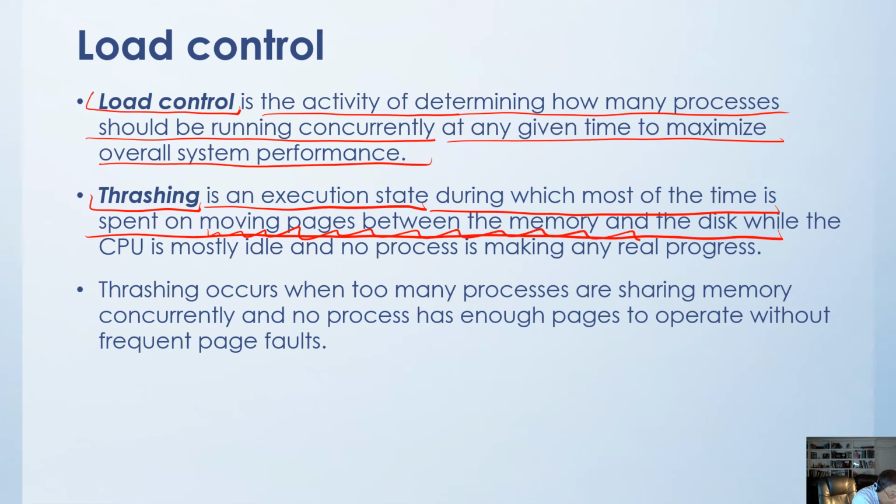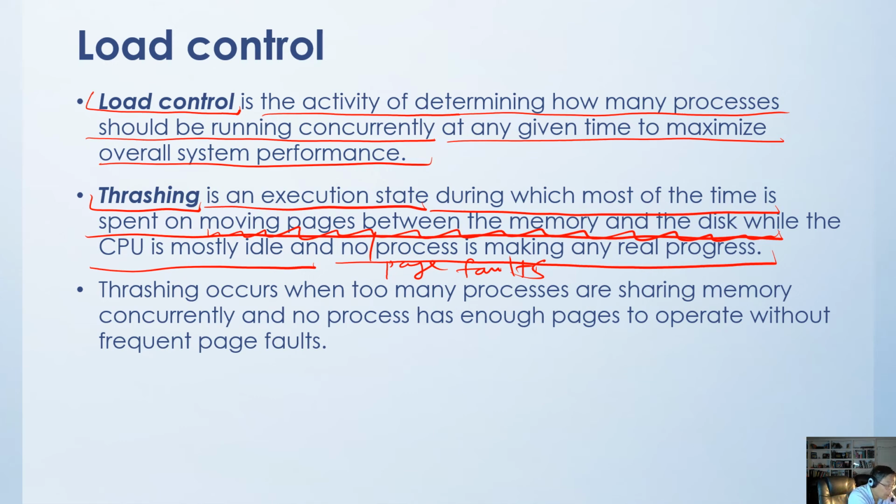Why does this happen? That's actually the page fault, right? Page fault is basically the time spent moving the pages between the virtual memory, which is the disk space, and the physical memory, while the CPU is mostly idle and not making any real progress.